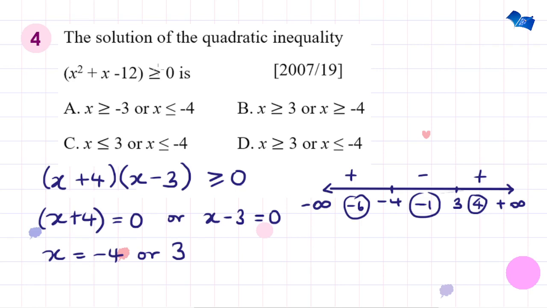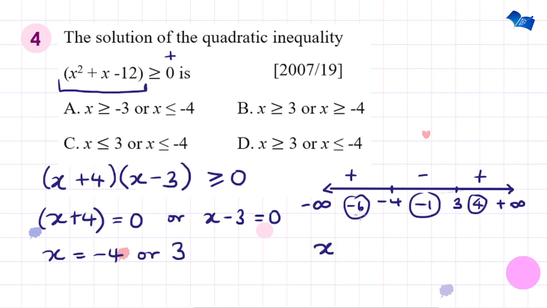Now look at this inequality sign. This is greater or equal to 0. That means the number that is greater than 0 is positive, right? So this has to be positive. So we are going to look for the range of values of x in the region where this is positive. Do you understand?